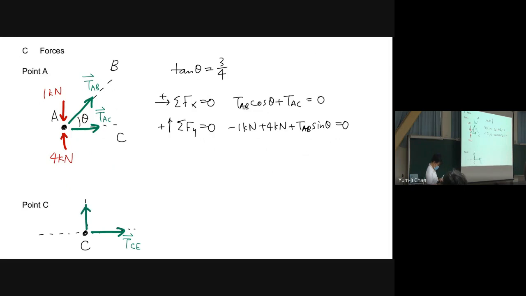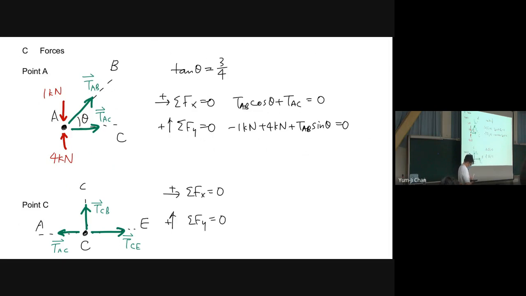And CA, AC. Now we can still write two equations here.